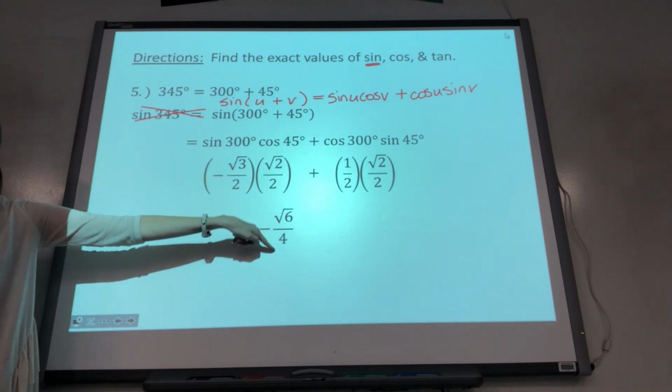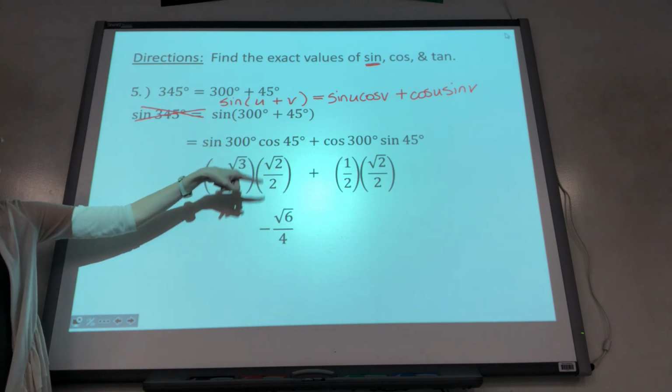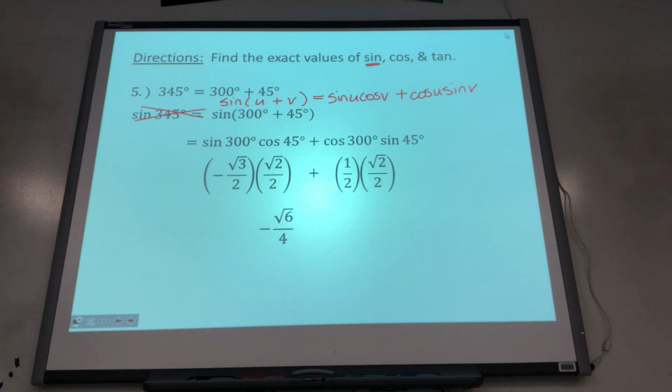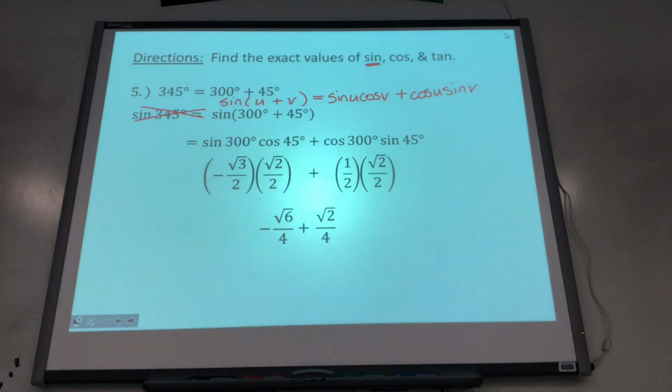So 2 times 2 on bottom is 4. The negative square root of 3 times square root of 2 is negative square root of 6. Plus, on this side, it multiplies up to be square root of 2 over 4. And anytime your denominator is already the same, go ahead and make it one single fraction. So negative square root of 6 plus square root of 2, all over 4.